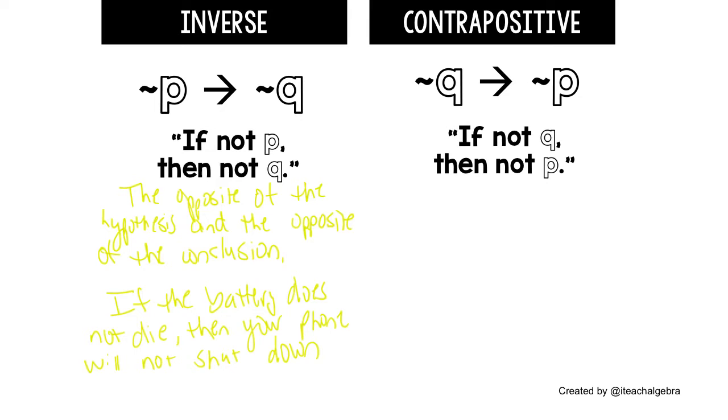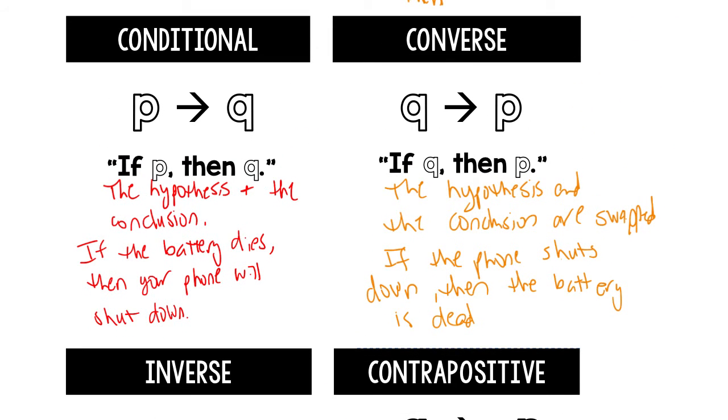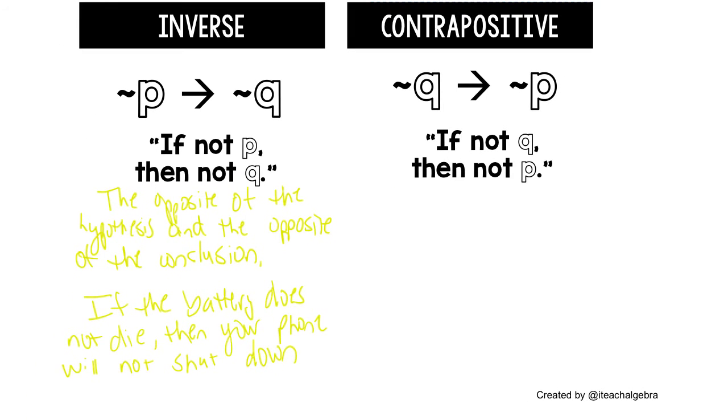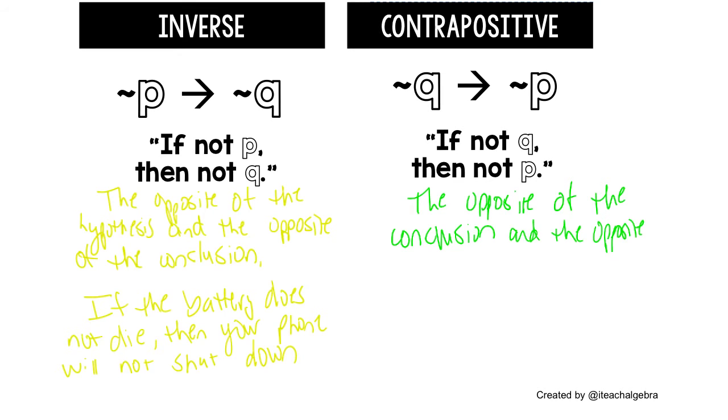Okay. Last one, the contrapositive. So the opposite up here, if Q then P, is the converse. If not Q then not P is the contrapositive. And we say it, if not Q, then not P. It's the opposite of the conclusion and the opposite of the hypothesis.